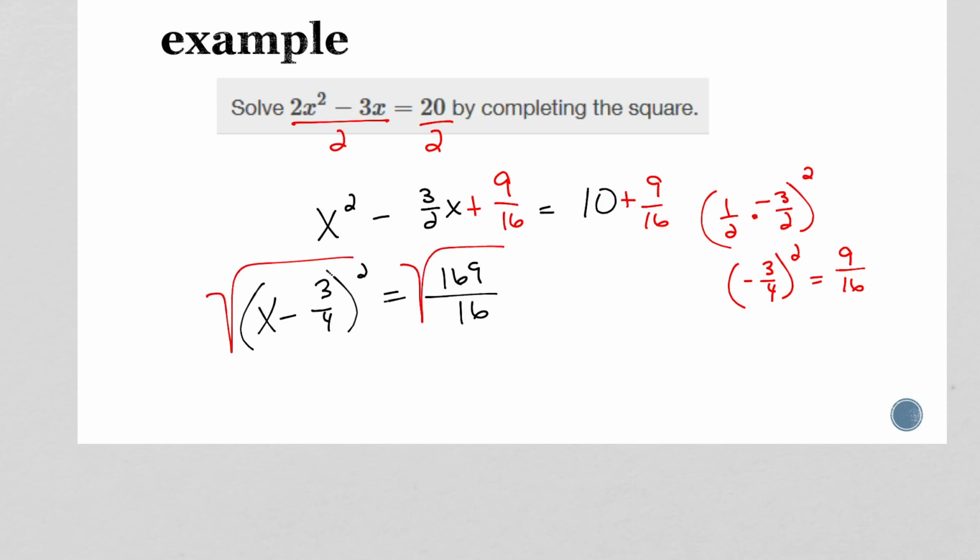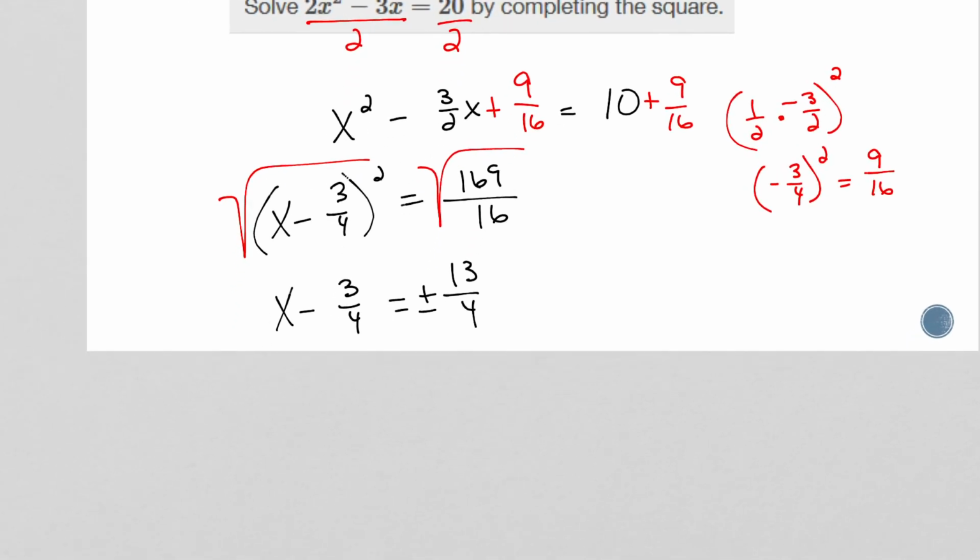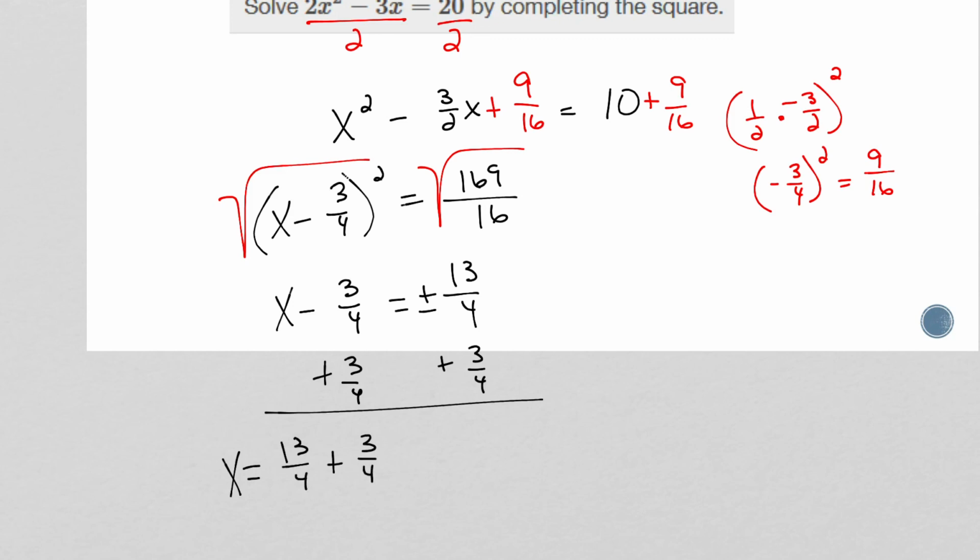So, taking the square root of both sides, I'm left with x minus 3/4 is equal to 13/4, sorry, plus or minus in front of that. Then I would add 3/4 to both sides. So, x is equal to positive 13/4 plus 3/4, which is 16/4, which is 4.